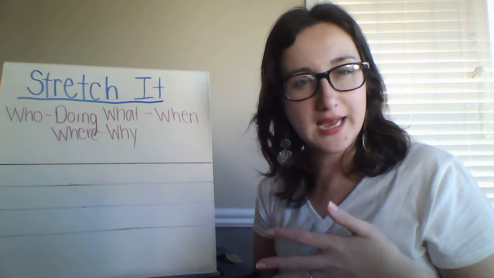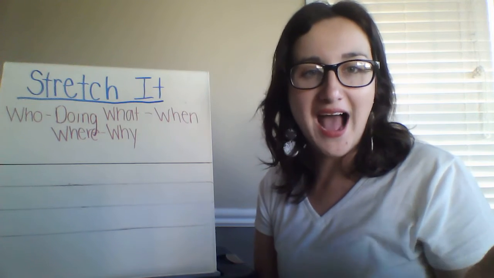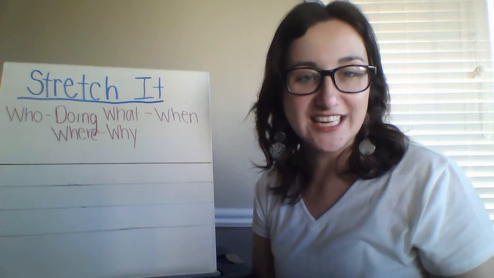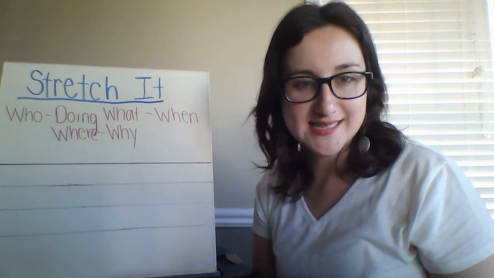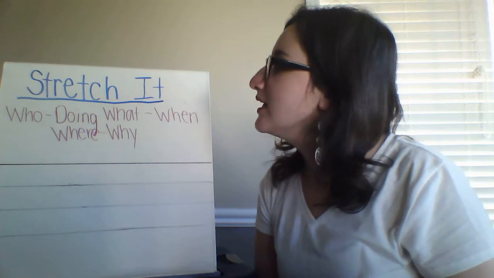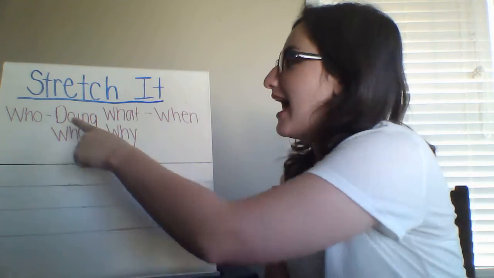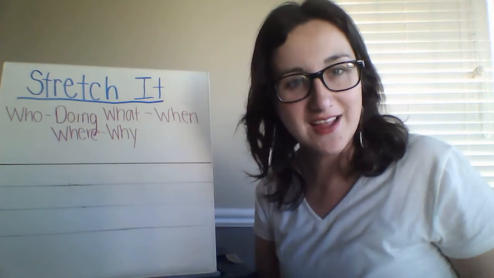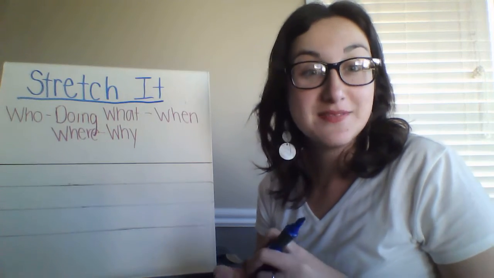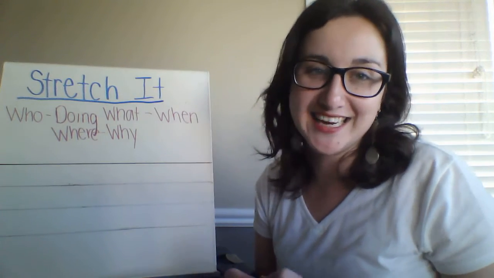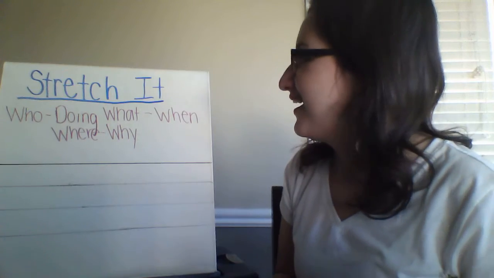So you can include a why or an explanation within your sentence as well. I'm going to create a sentence that tries and hits all 5 of my pieces of needed information. All right.